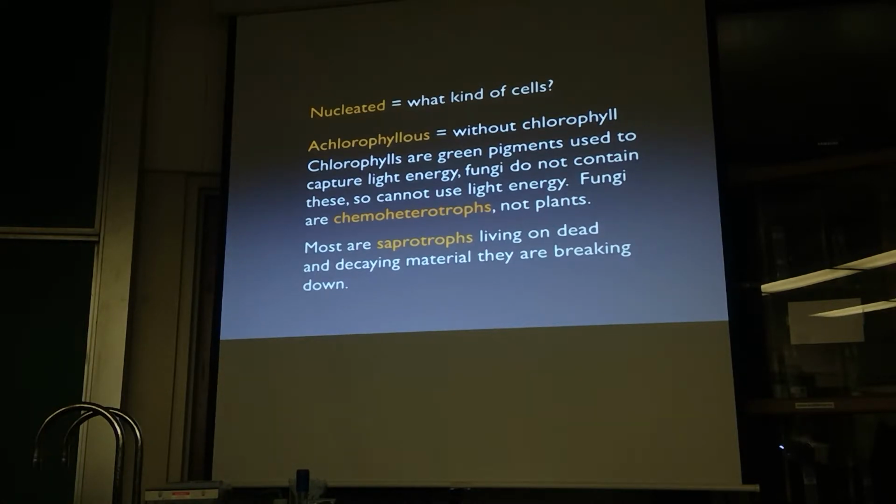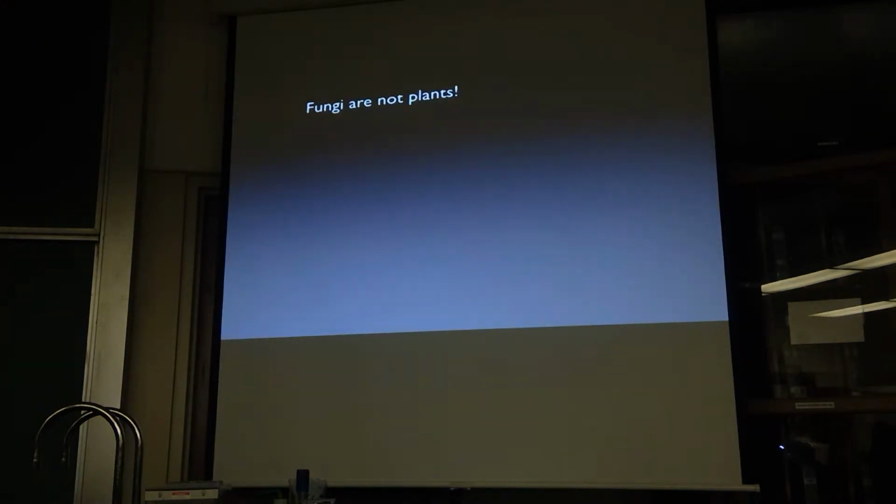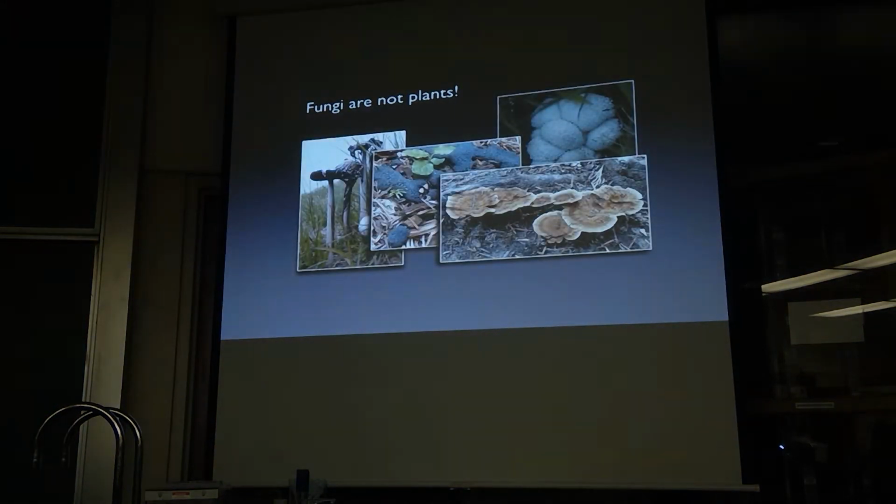Makes no sense. But fungi are not plants, even though when you look at them, they have kind of a plant-like appearance. That is, they're typically attached to the ground or some other substrate. They'll have a stem or a stalk, and they have some kind of reproductive bodies. They come in a lot of different forms, but again, they are not plants.